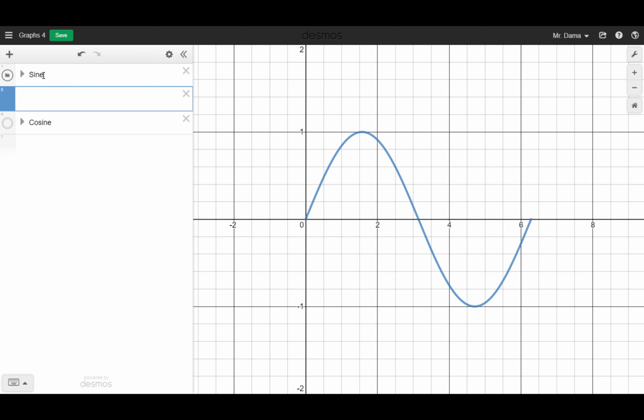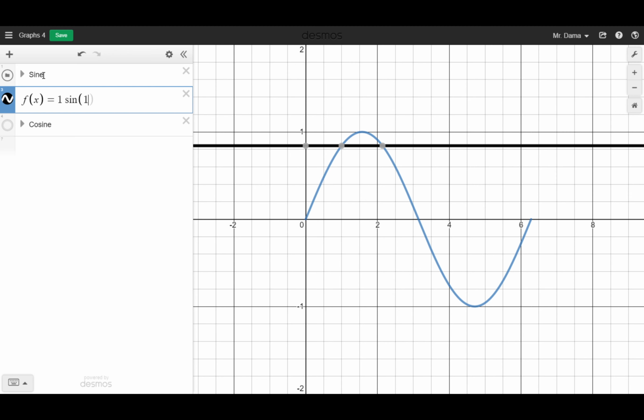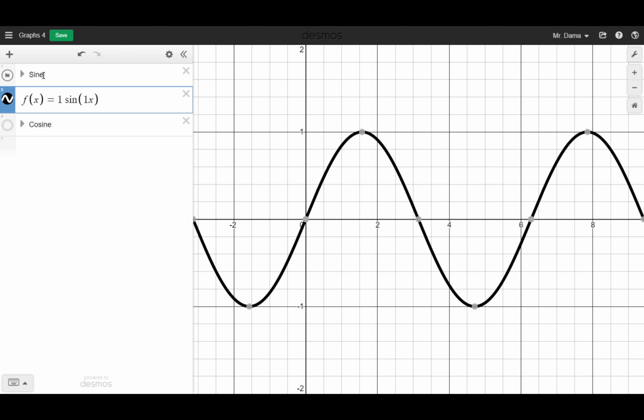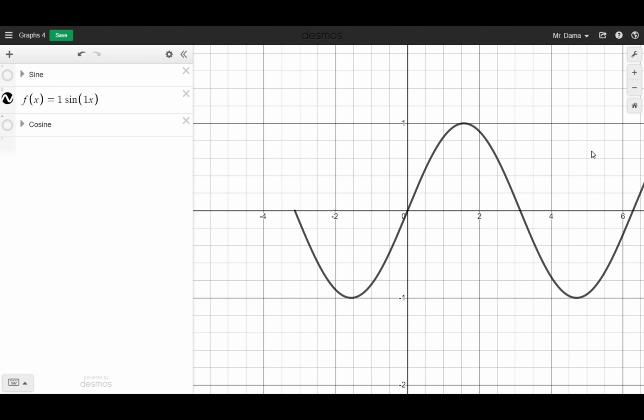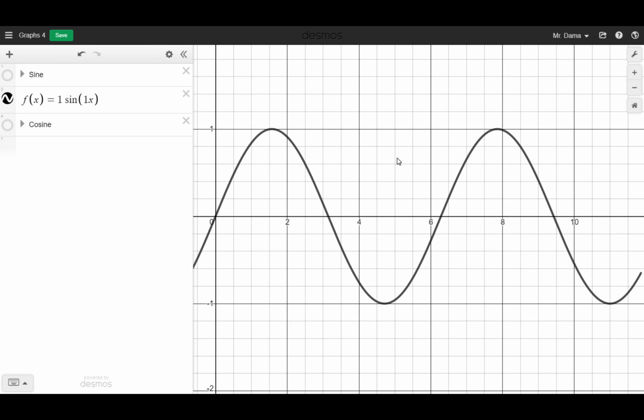So if I'd write y equals, or f of x equals 1 sine 1 x, that's what it looked like. And you can see that I haven't got a C or a D because that's 1, 1. And so that's my model, and it goes. And if you can also see that this line not only goes this way, but goes forever that way also.